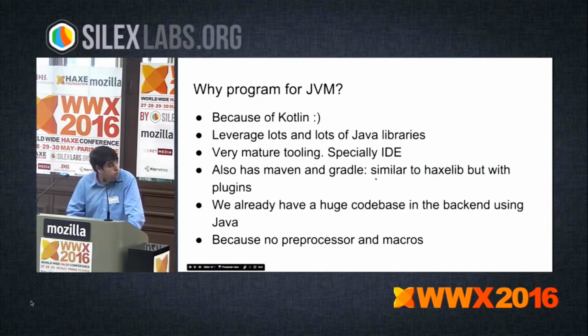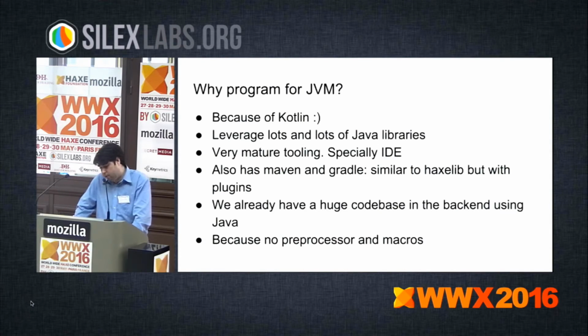And also in our case, we have a huge code base, so we can reduce that. And it doesn't have a preprocessor or macros, so it allows you to refactor stuff safely.